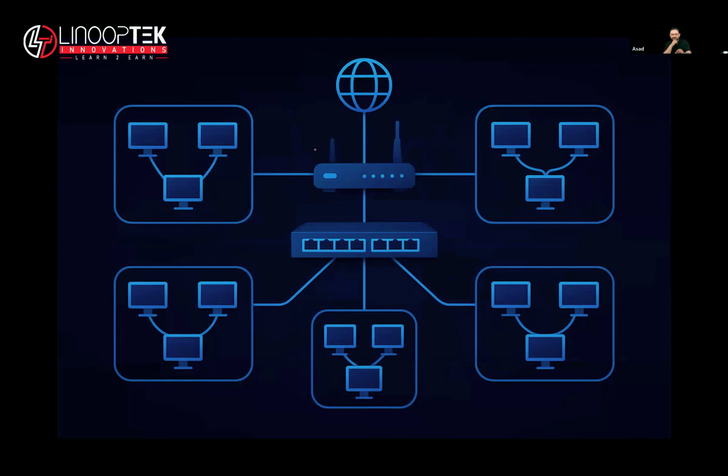Again, network A, network B, network C, machines. They all get connected to the switch. The switch gets connected to the router, which goes to the internet. To simplify it, you have a bunch of machines connecting to your switch, a bunch of machines connecting to another switch, and then your switch gets connected to the router, which goes to the internet.